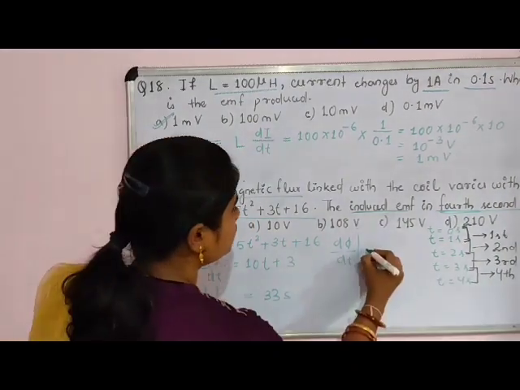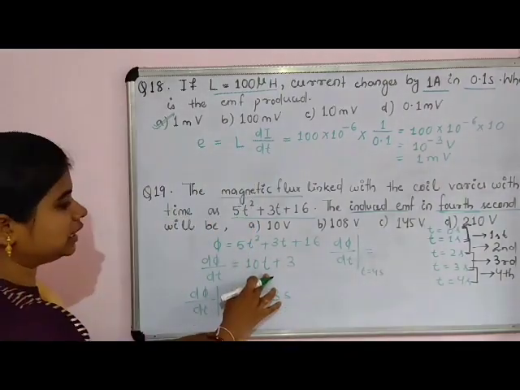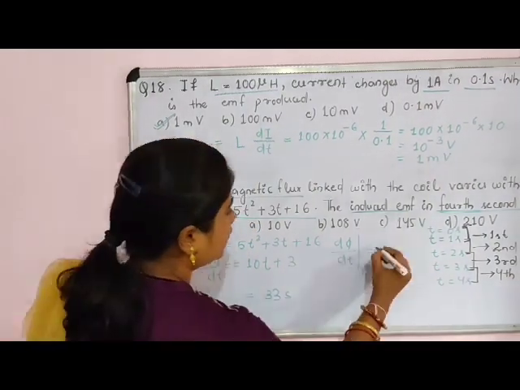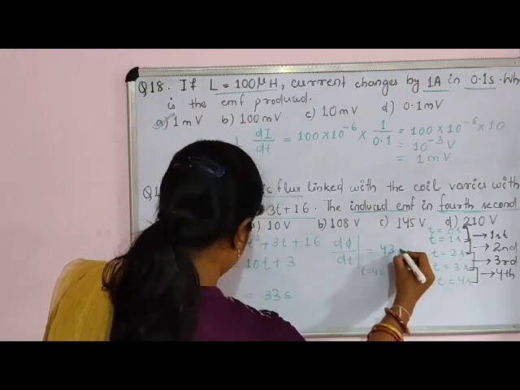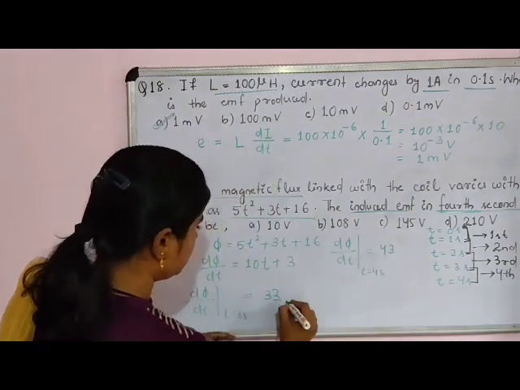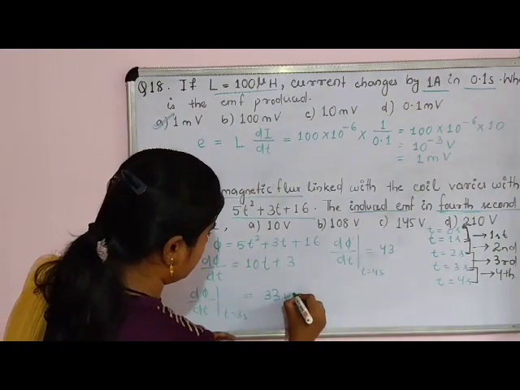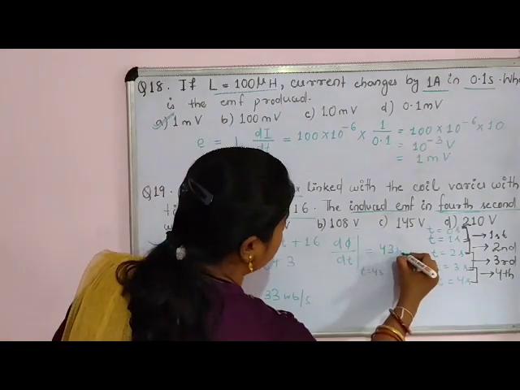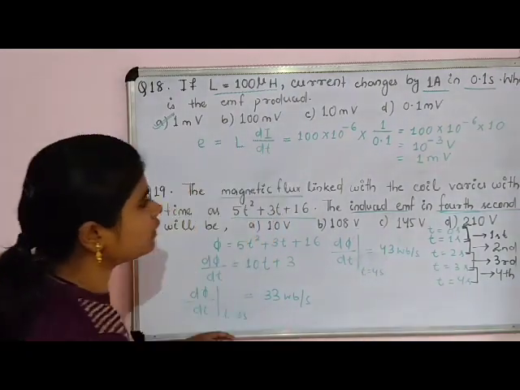Putting t equal to 4 here, we get 43 Weber per second.